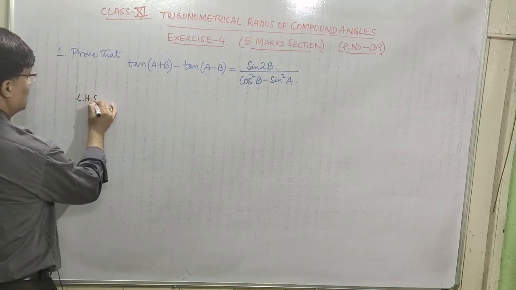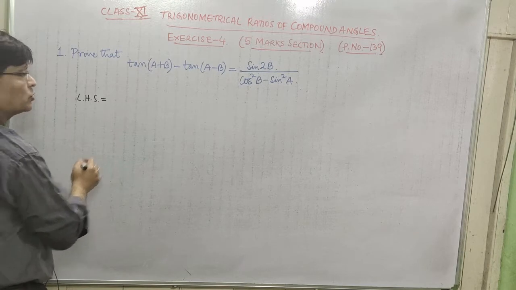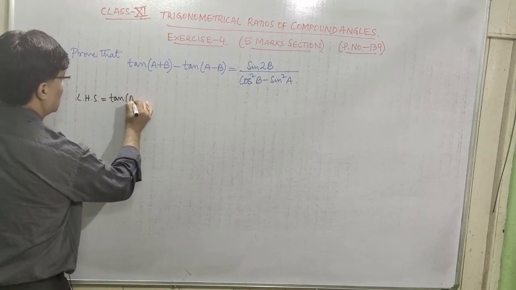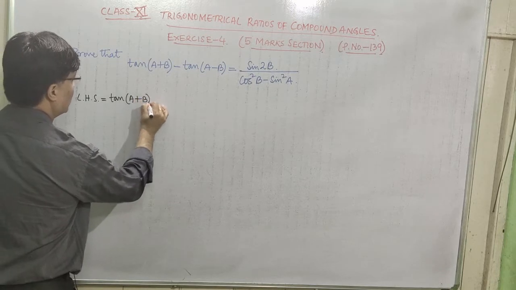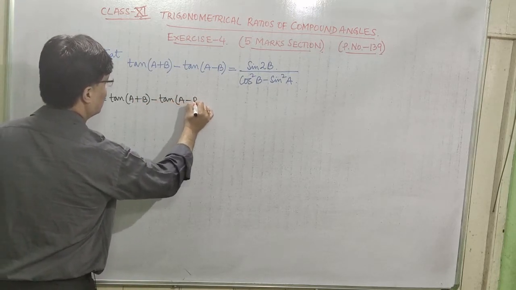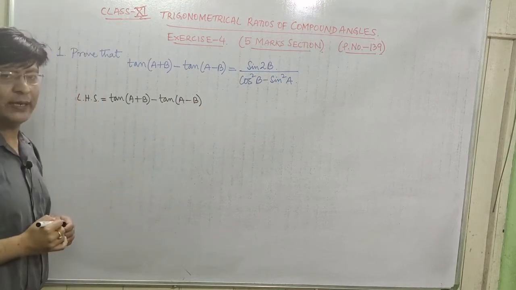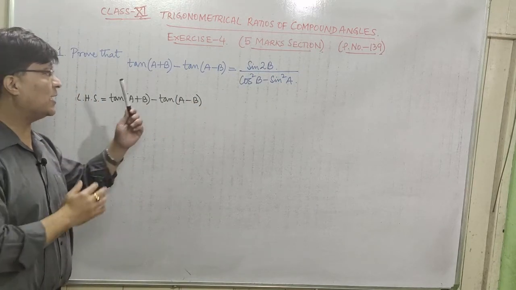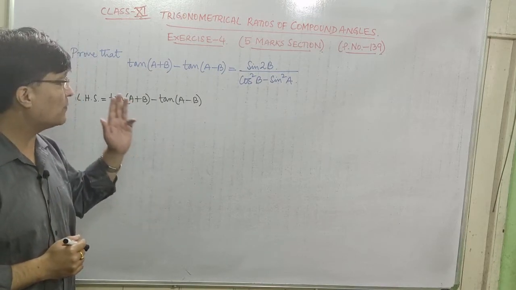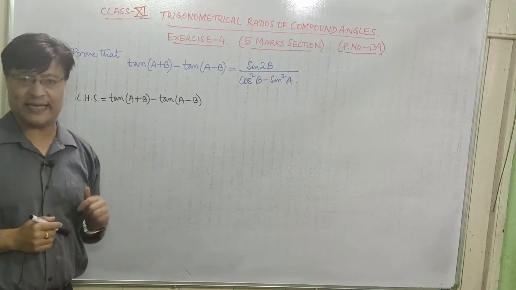So LHS is equal to tan of a plus b minus tan of a minus b. Okay, so you have to prove this LHS is equal to RHS, and RHS is in terms of sin 2b, cos b and sin a.